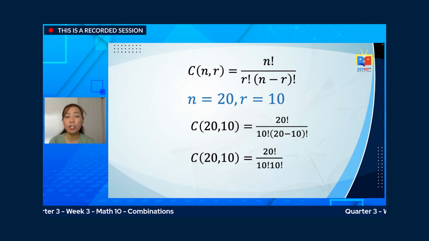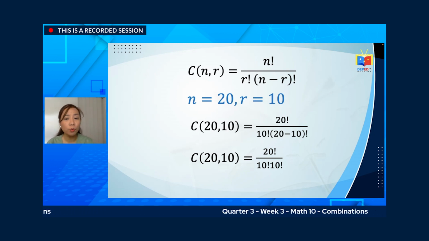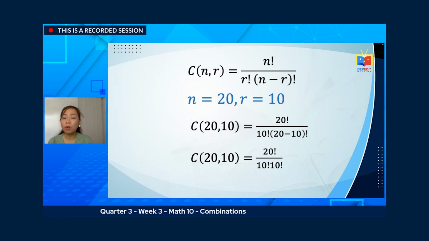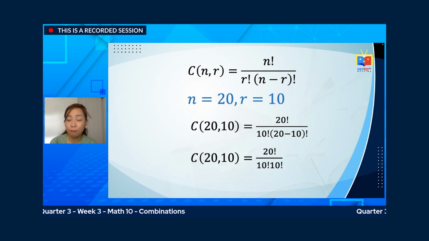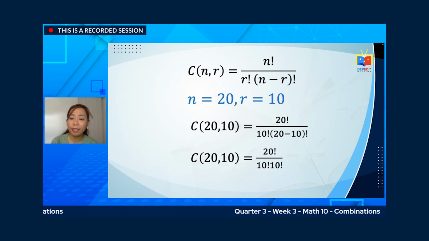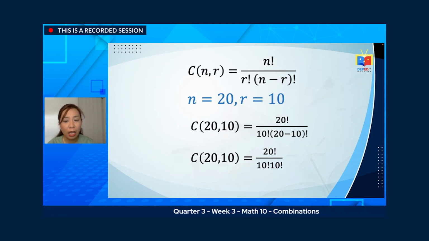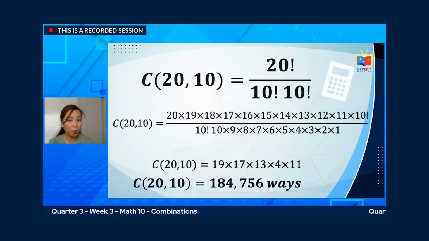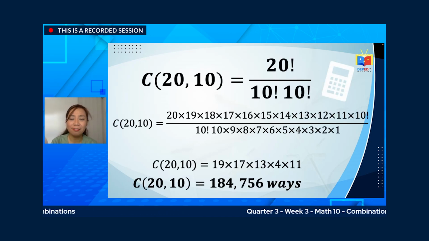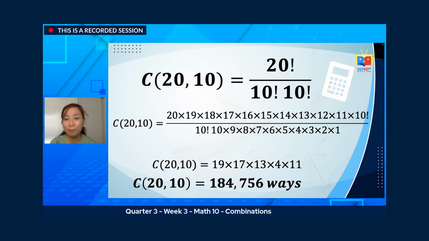We have combination of 20 objects taken 10 at a time is equal to 20 factorial divided by 10 factorial times the quantity 20 minus 10 factorial. That gives us 20 factorial over 10 factorial, 10 factorial. Wow, the numbers are quite big. So you can actually use your calculators, or if you don't have, help me with this. Let's simplify the expanded form of your permutation.